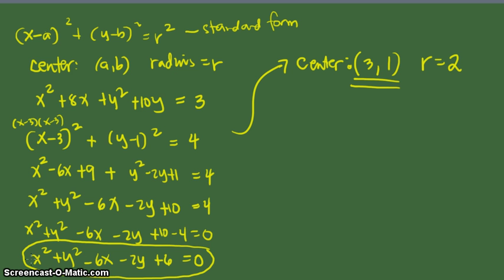So look at this. I have x squared plus y squared minus 6x minus 2y plus 6 equal to 0. How will I get the 3, and how will I get the 1 for the y?